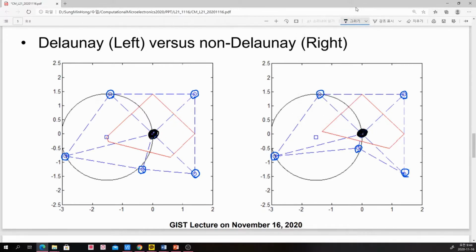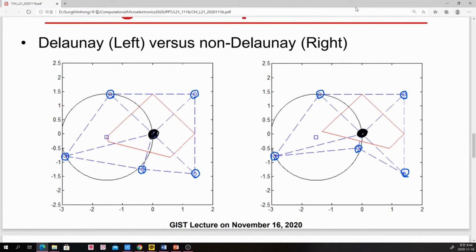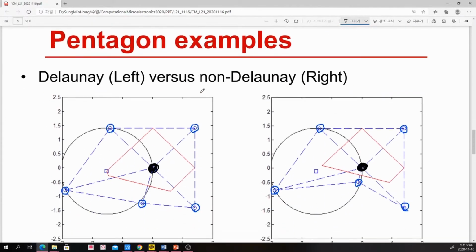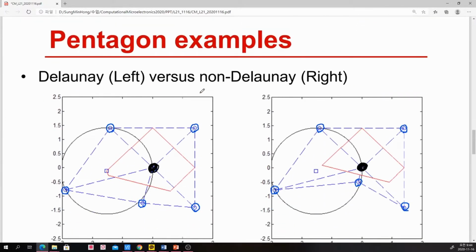So let me just calculate the Voronoi cell for these two cases. What we should do is think about the center node and all surrounding points.